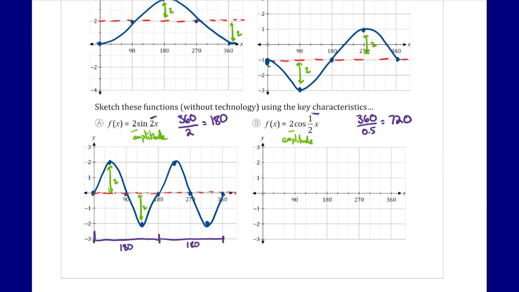So let's draw the original cosine wave and we'll talk about adjusting it. I know an amplitude of 2 means I start at 2, then go back to my midline, down to negative 2, up to my midline, and back up to 2, my maximum. So this is what my cosine wave should look like.